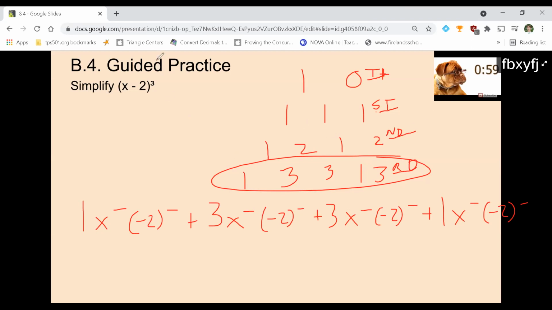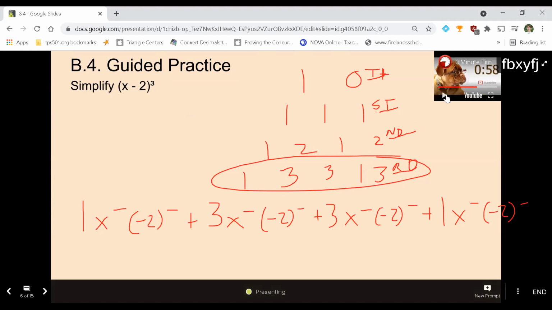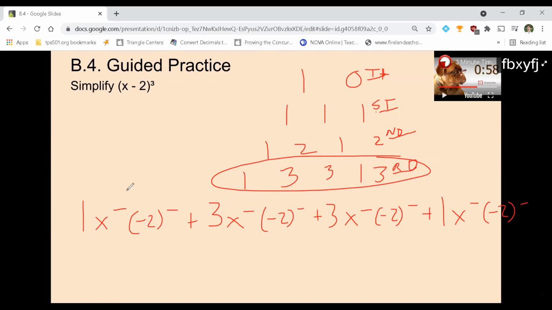Okay, let's see if we got it. What is my first pair of powers? X to the third, negative 2 to the 0. Okay, you start here. I start at 3, and then this one always starts at 0.